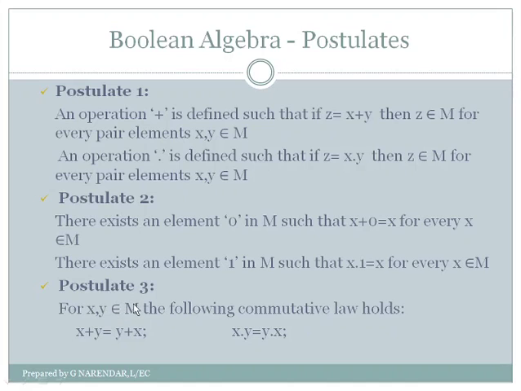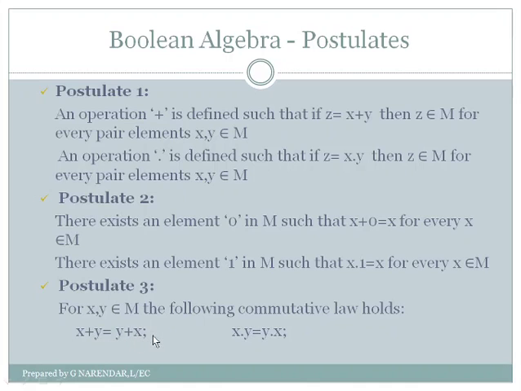It states the commutative law for both the OR operation and the AND operation between two elements, and the statement goes this way: for x, y belonging to the set M, the following commutative law holds. For any two elements that belong to the set M, if you apply the commutative law for the OR operation, then x or y equals y or x.